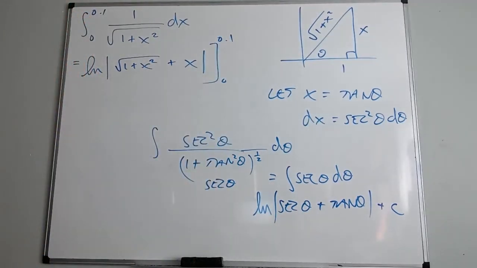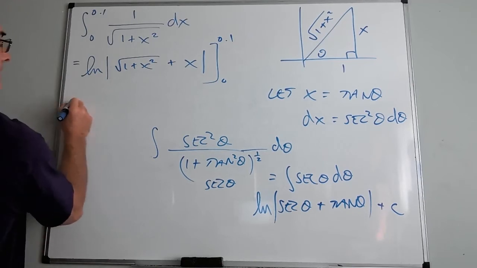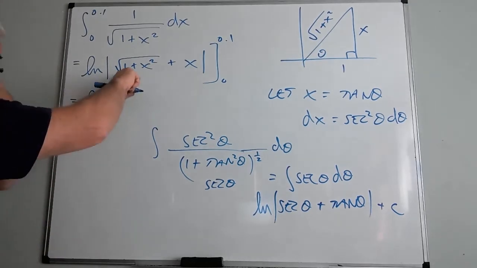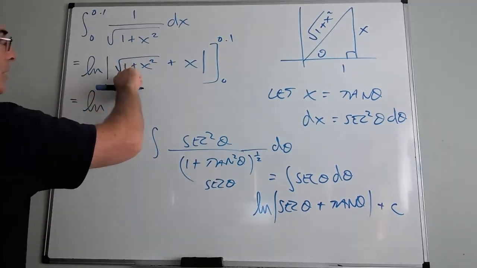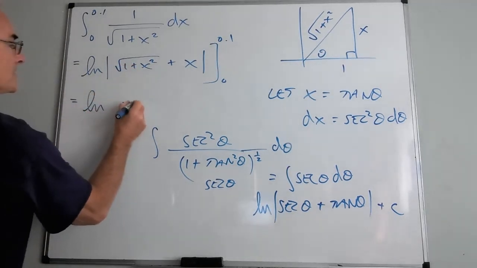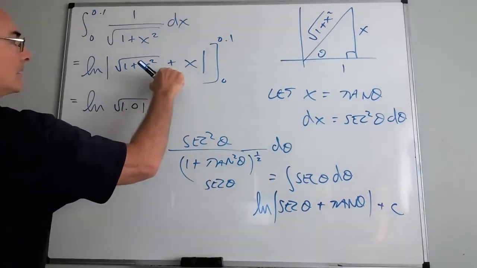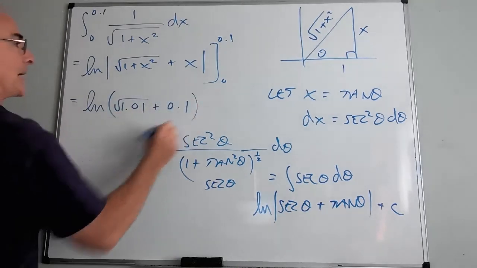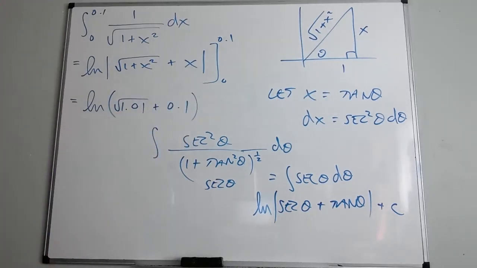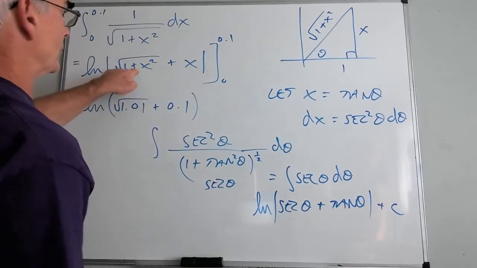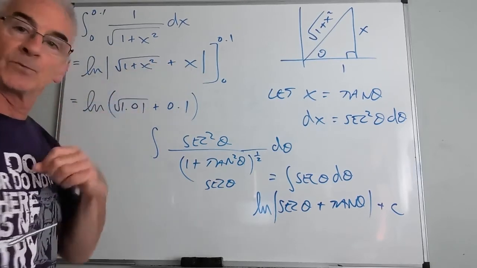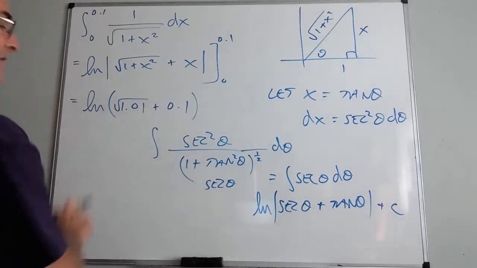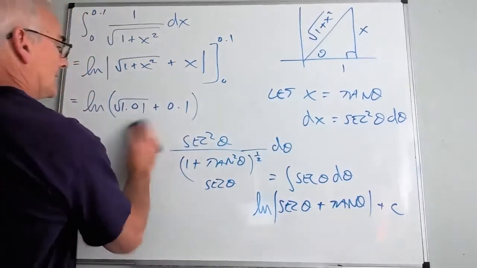Okay. So when I do that, I'm going to get the natural log. Now at 0.1, this would be the square root of 1.01 plus 0.1. I can drop the absolute value. And now when I evaluate this at 0, this would be square root of 1 plus 0, which is 1. And we know that the log of 1 is 0. So this is the answer right here.